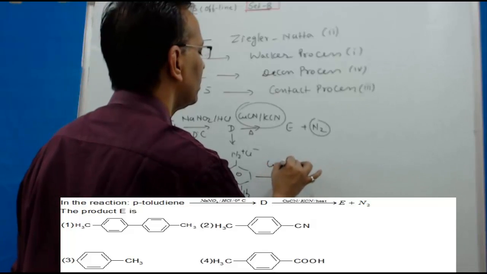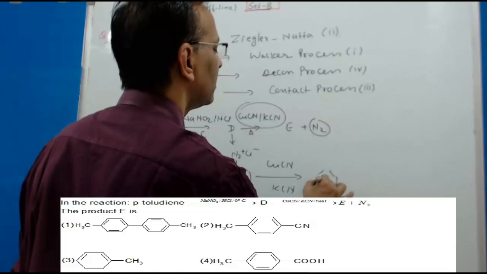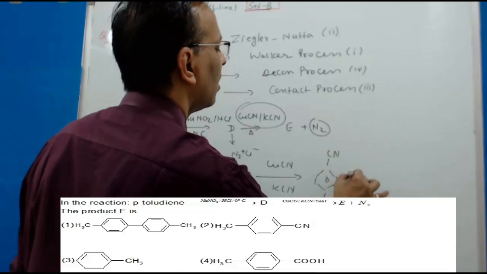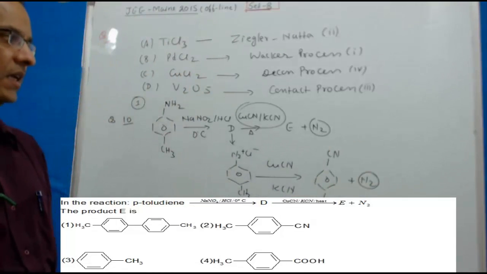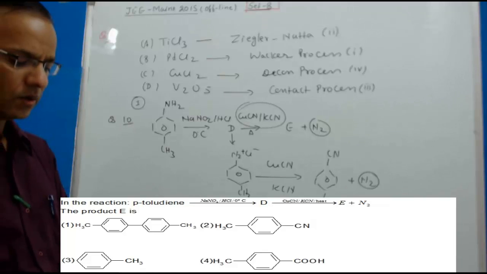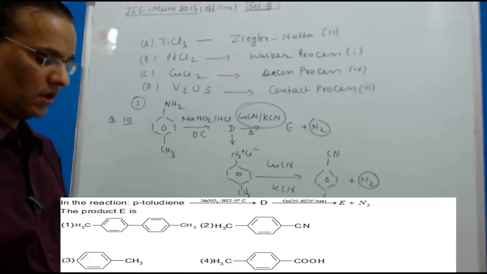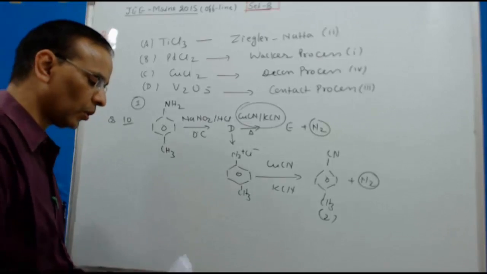So CuCN, KCN will convert this to cyanide, giving N2 gas and CuCl. So the answer is the second. So this is again very simple. Now move to question number 11.